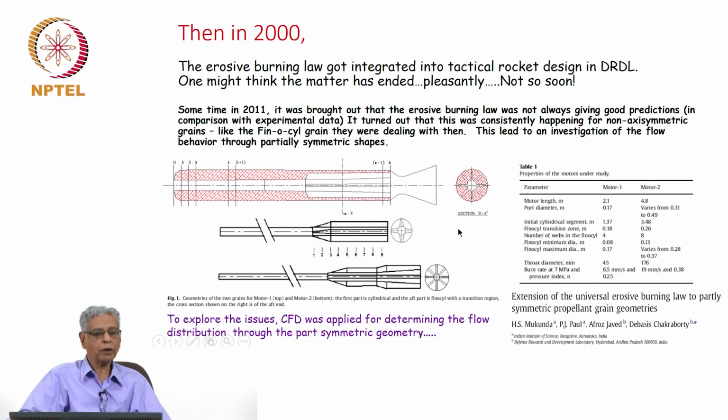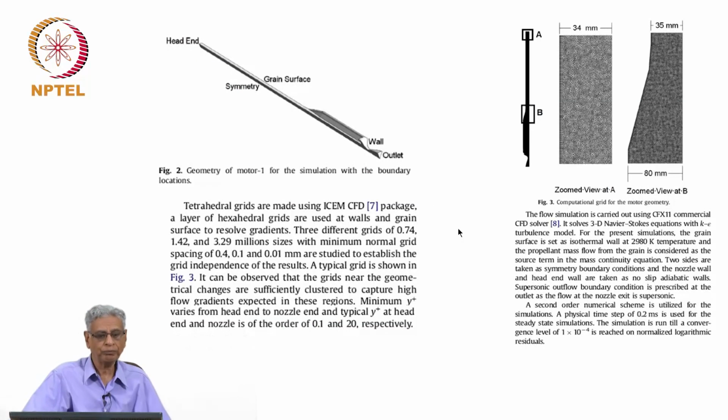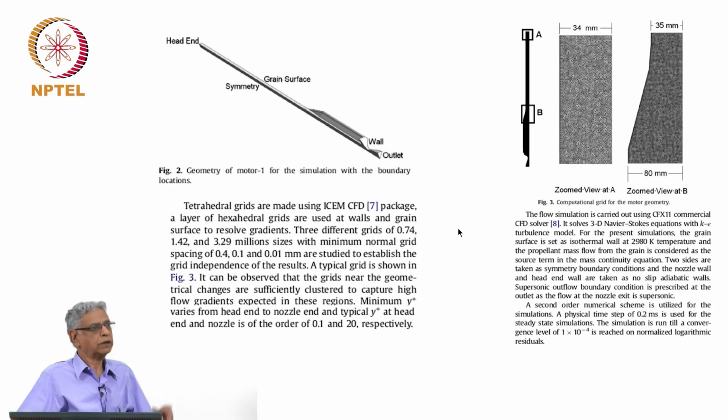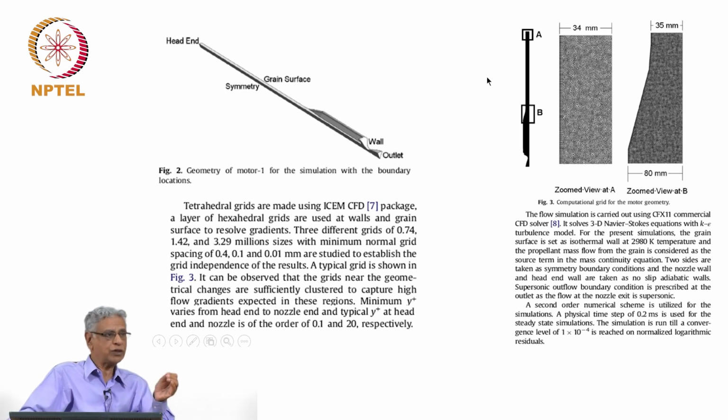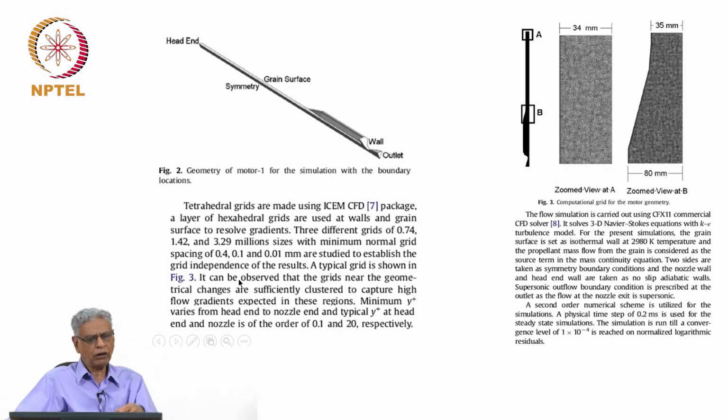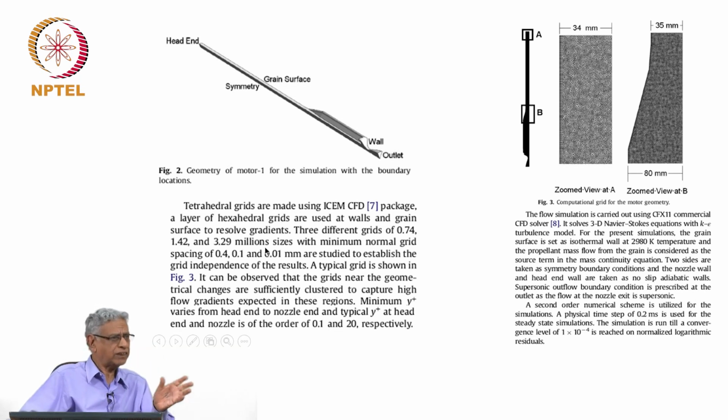So, work was done by doing CFD simulations. There is a colleague of ours in DRDL who spent time on this subject with his team, and he made calculations of the flow behavior in the port. Now, lots of details are provided here about the kind of gridding that was used to make the calculations, about 1.5 million and 3.3 million grid points and grid sizes and all that, to capture as good a flow behavior as possible.